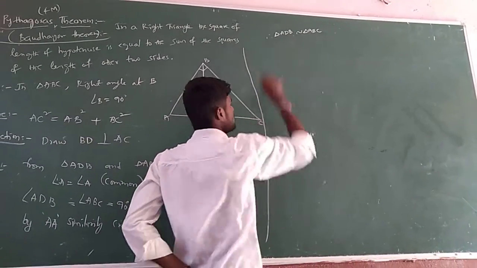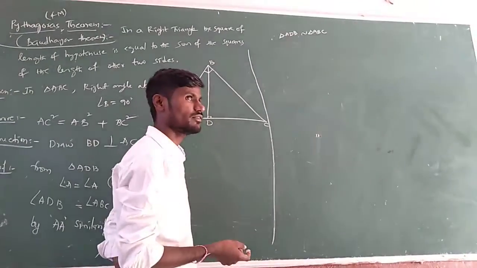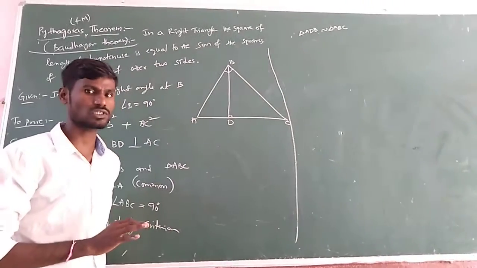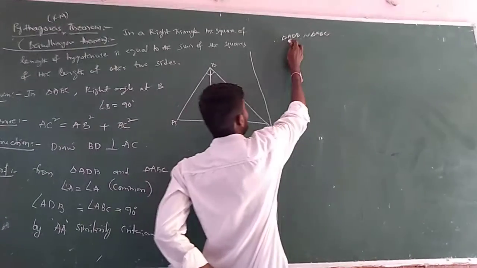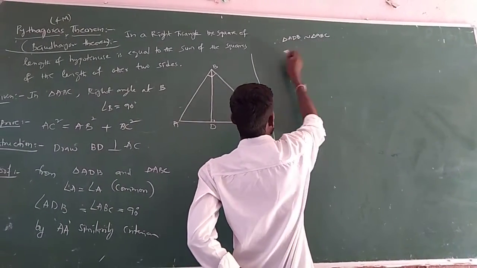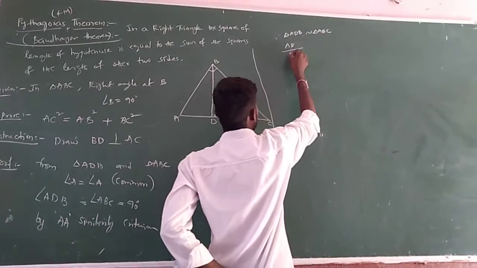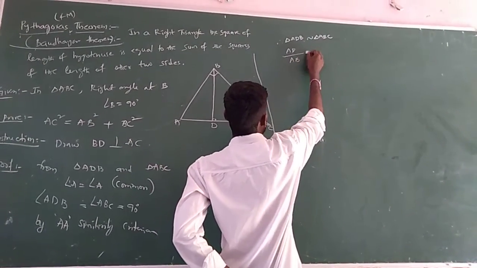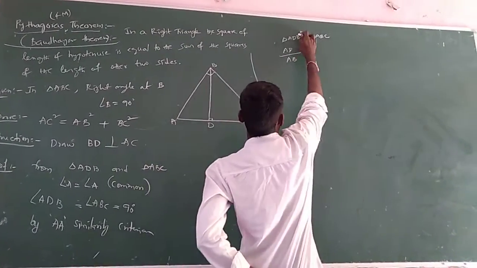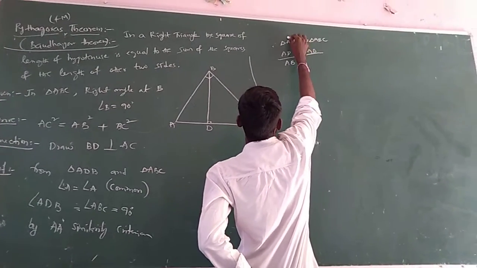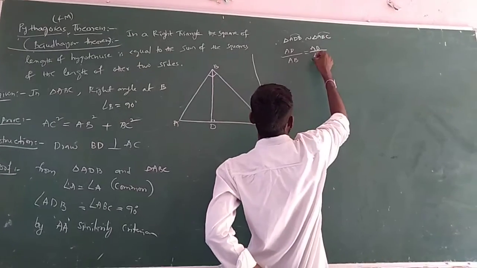If these two triangles are similar, we know that the ratios of corresponding sides are the same. So first AD by AB, the corresponding side here, is equal to AB by AC.